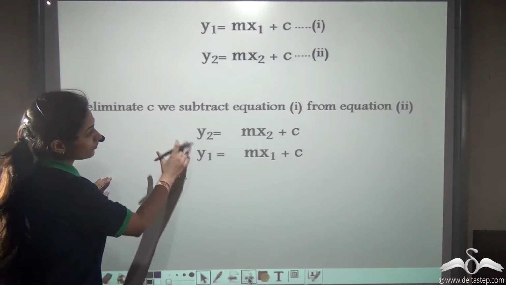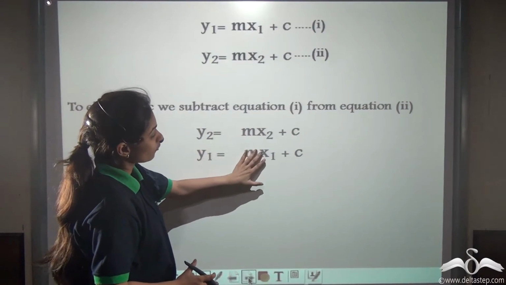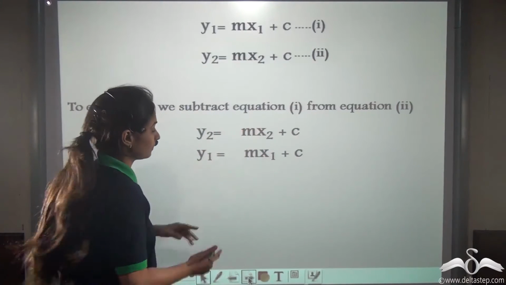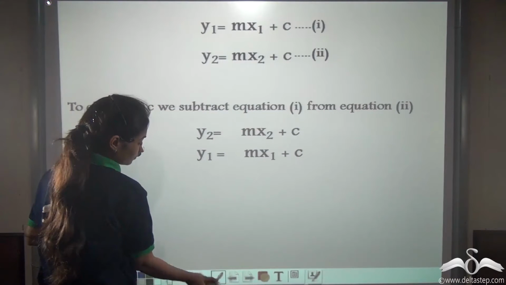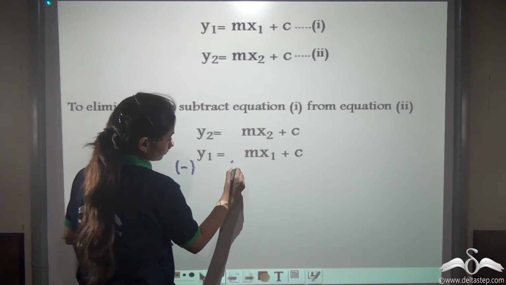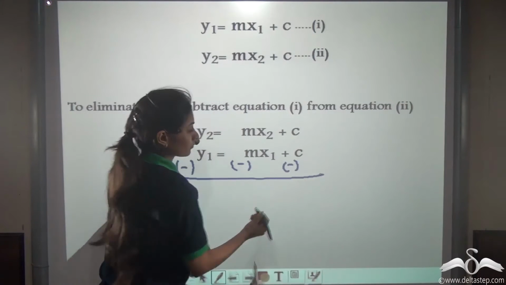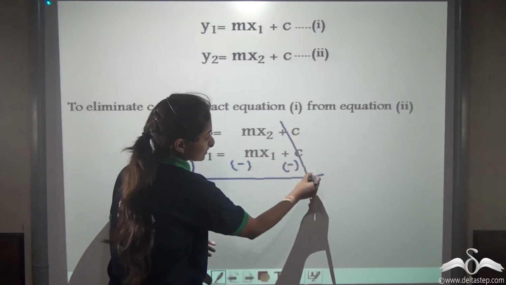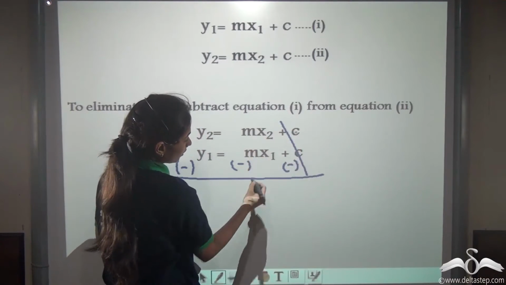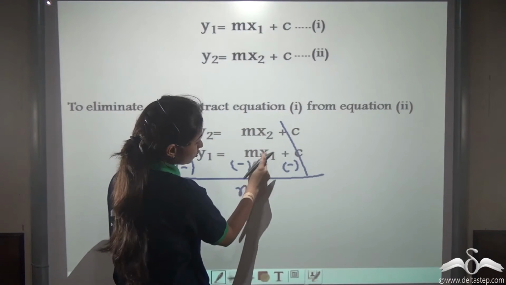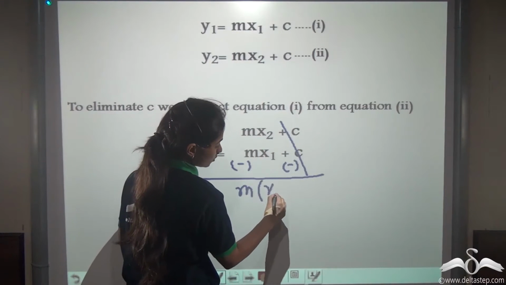To eliminate c, we subtract equation 1 from equation 2. Do it. c and c get cancelled, c minus c. Here we get m common: mx2 minus mx1, so m common, (x2 minus x1).